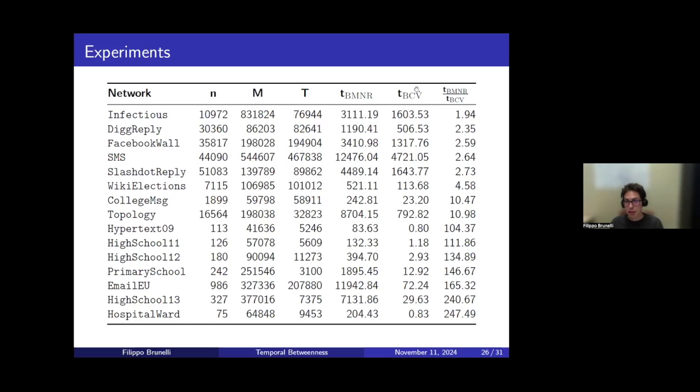The algorithm that we propose is this one here, BCB, using a Julia implementation. The main takeaway is that in the last column we have the factor by which we improved over the previous algorithm in terms of computation time, which ranges quite a lot, from 2 times to almost 250.